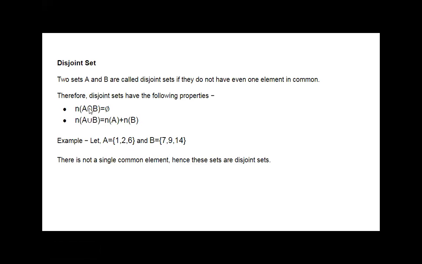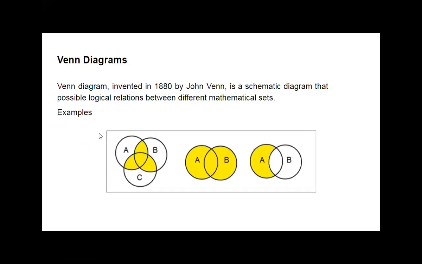These two equations also you know now: A intersection B is phi in case of disjoint sets, and A union B is the number of elements of A plus the number of elements of B. These two equations you can understand now because we already have studied the operations.